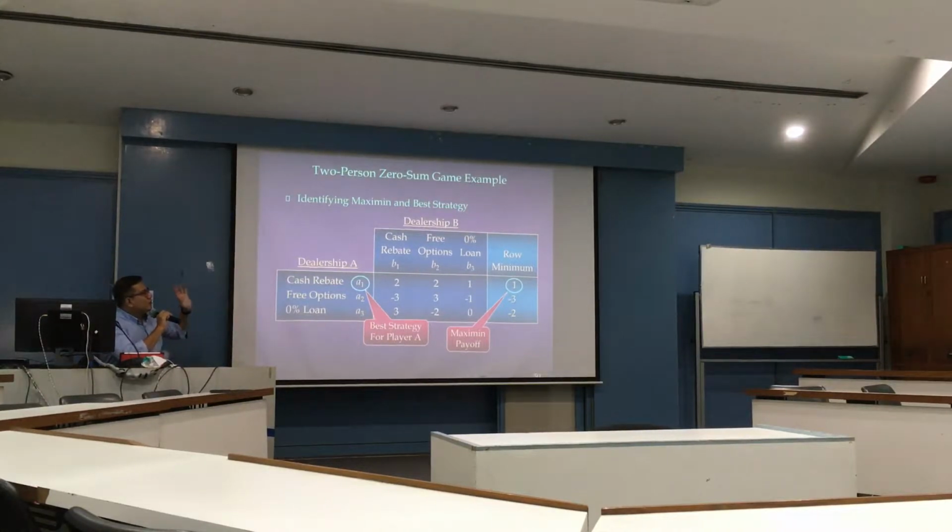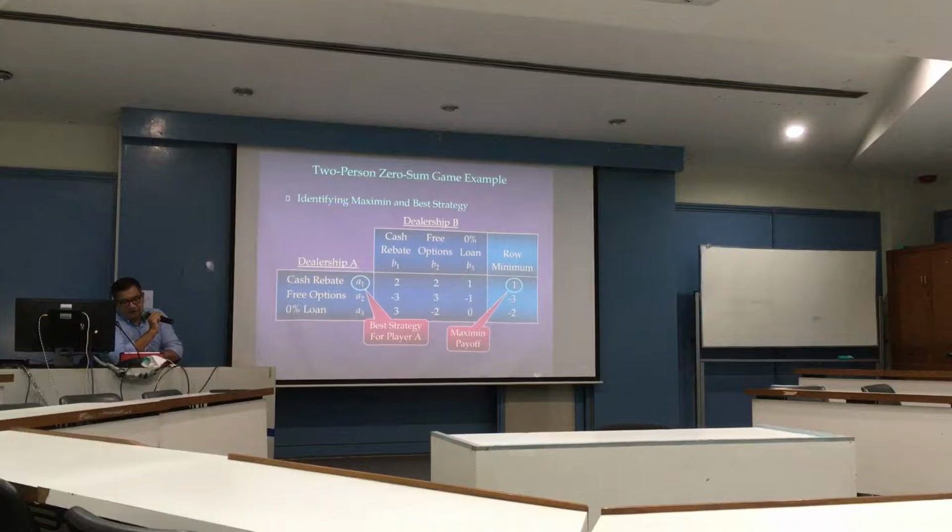It means that no matter what strategy company B or dealership B chooses, B1, B2, or B3, if dealership A selects strategy A1, you guarantee 1% of market share gain from B.